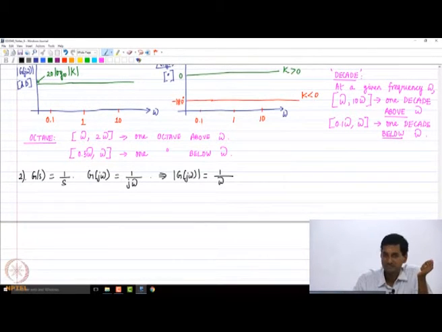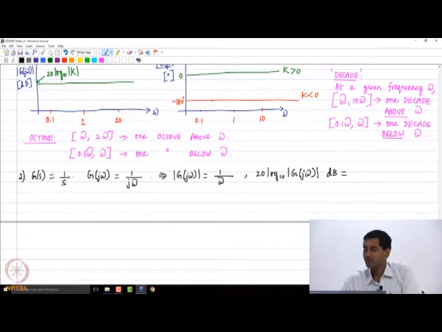Omega, that's it. So this implies that 20 log to the base 10 of the magnitude of G of j omega in decibels is going to be 20 log to the base 10 of 1 by omega. What is log of 1 by omega to the base 10? It is minus log omega, right? So we are going to get minus 20 log to the base 10 omega.